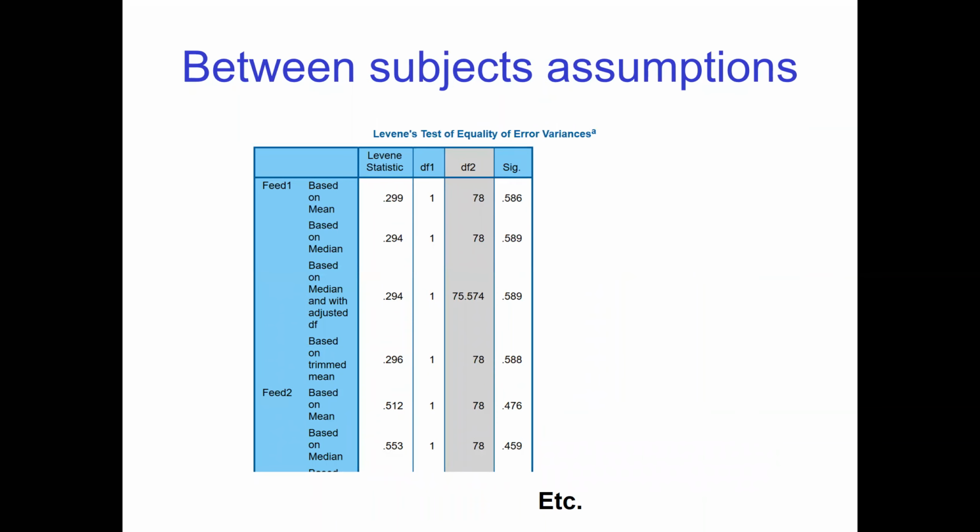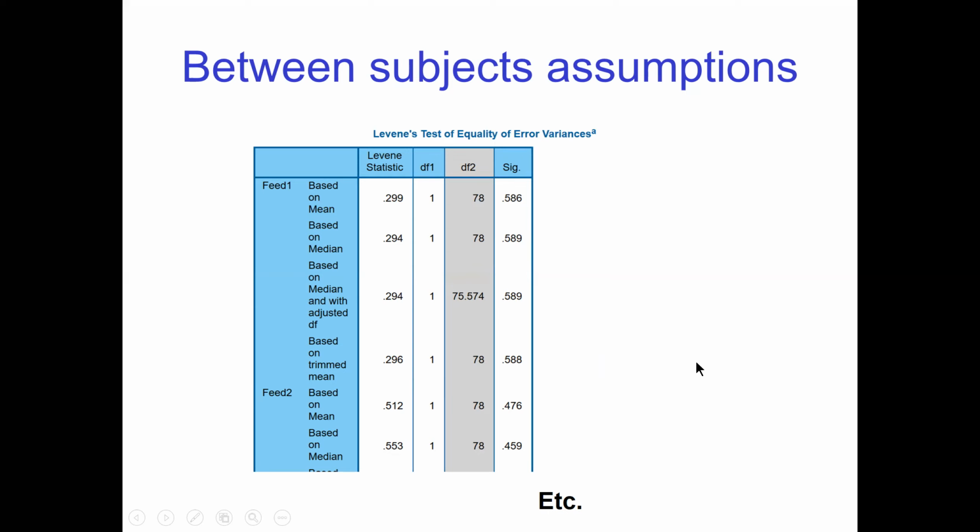Okay, so now we're going to go into the between groups effects, and we're first going to look at Levene's assumption, which is the homogeneity of variances between the groups. So in this case, even though there are multiple ways of testing this, the between groups at feedback time 1 has a non-significant Levene's test.